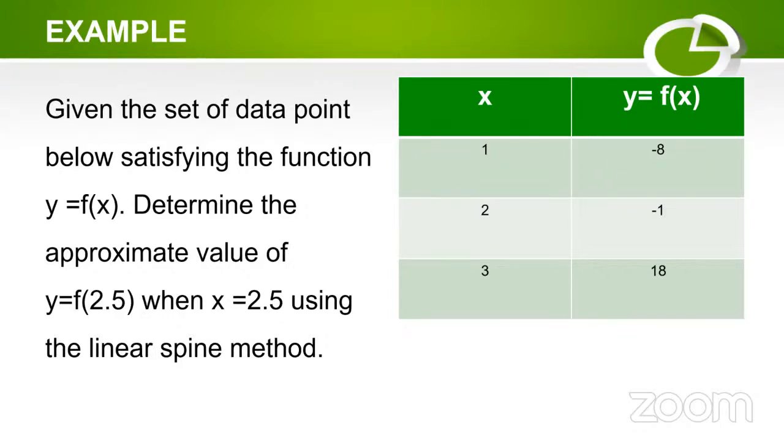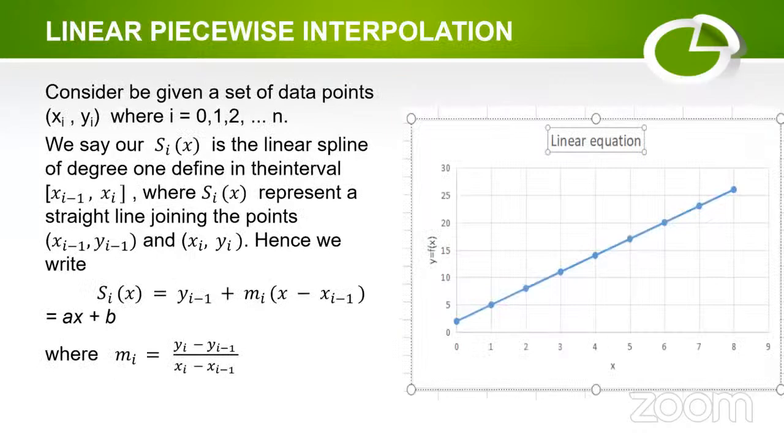And our function f of x is not explicitly stated, so we are asked to use the linear spline method. This method gives us xi of s, which equals yi minus 1 plus mi into bracket x minus xi minus 1, which is basically the straight line equation.